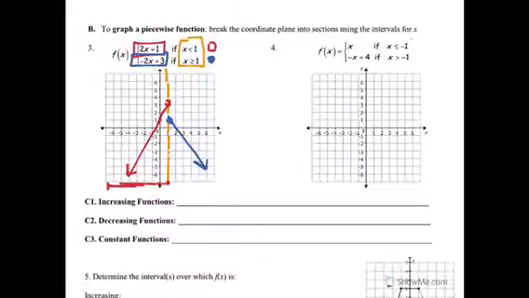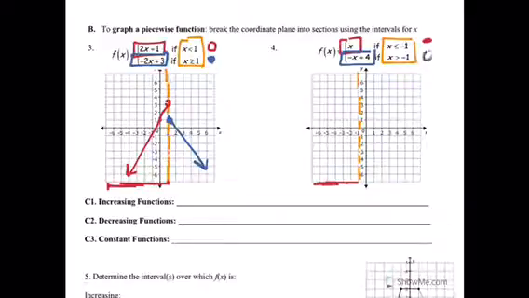Okay, let's take a look at number 4. Same thing. I'm going to start by looking for the boundary line. This boundary line is at -1. I'm going to put the less than function on the left over here. And this one actually includes the boundary line, so it's going to be closed circle, whereas this one over here is going to be open circle because this does not include the boundary line.